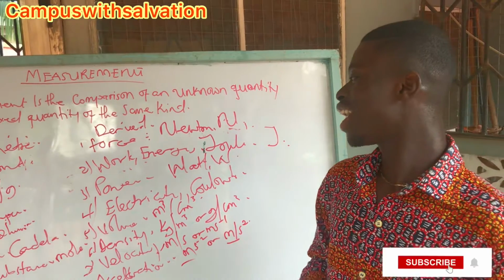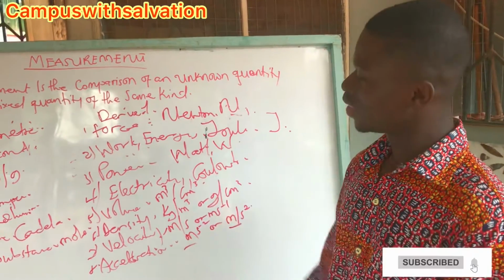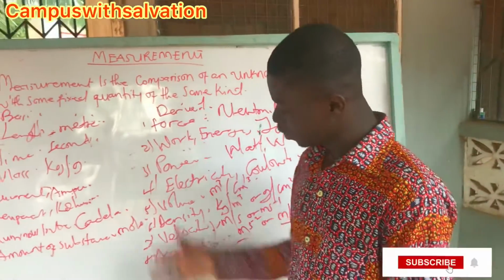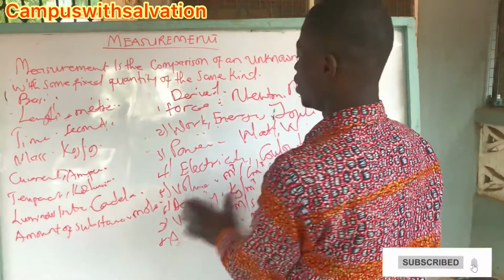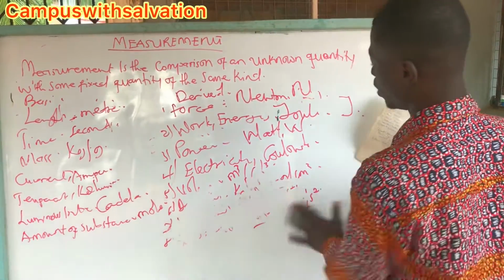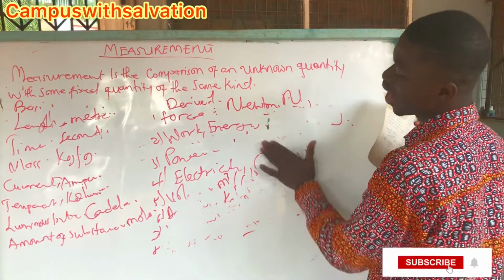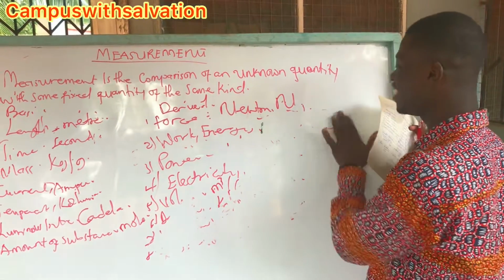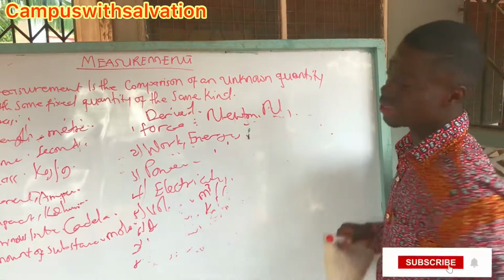Okay, let's proceed on the various formulas for calculating each of these quantities. Let's start with force, and we can derive the unit from it so that you understand where we get each of the SI units I just used.